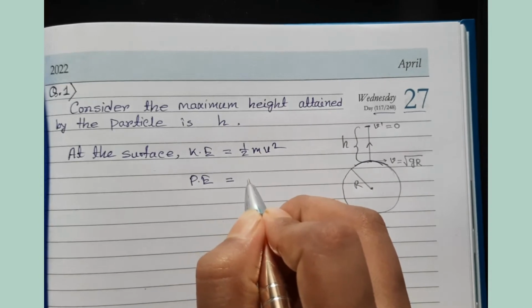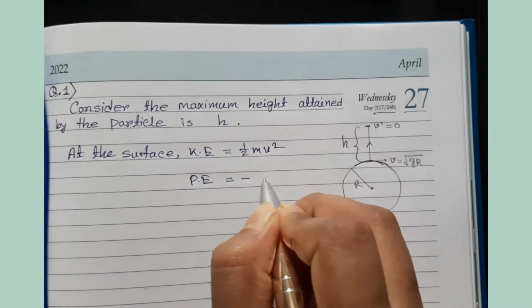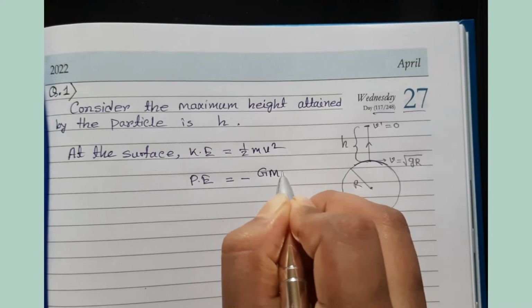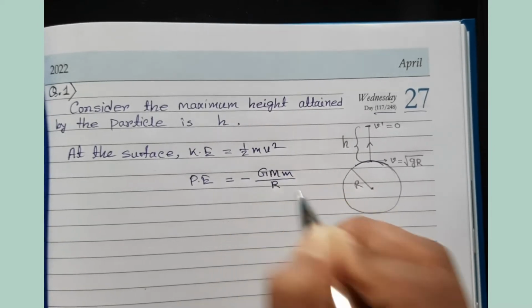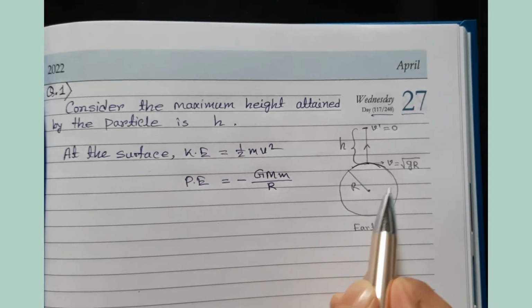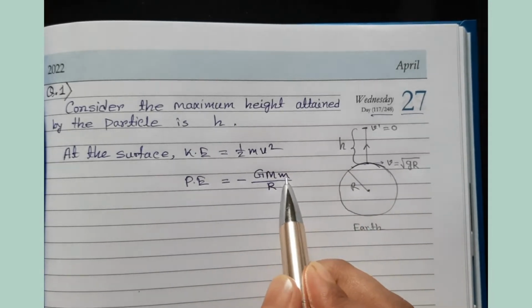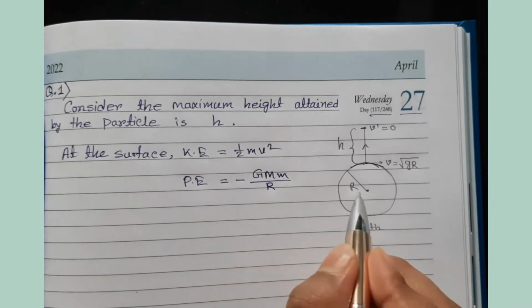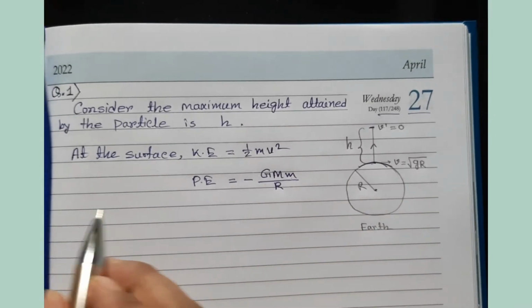And what is the potential energy? From Newton's law of gravitation, we know that potential energy is minus G capital M small m by R. Here G is the universal gravitational constant, M is the mass of the earth, small m is the mass of the particle, and R is the radius of the earth.